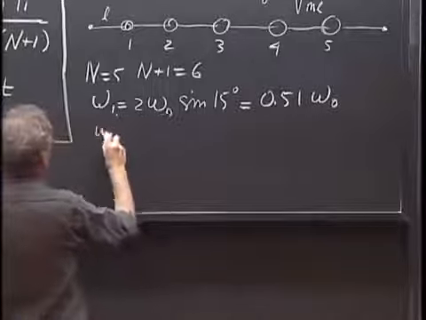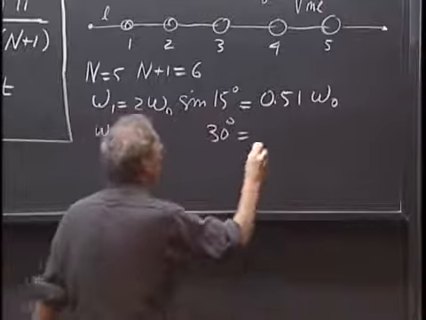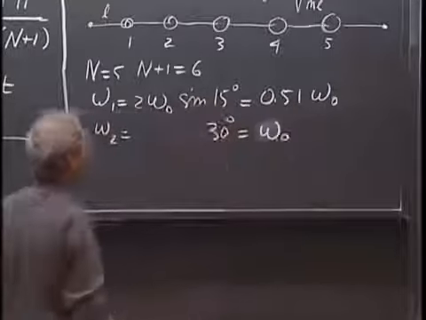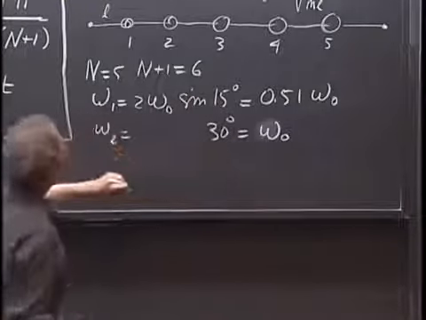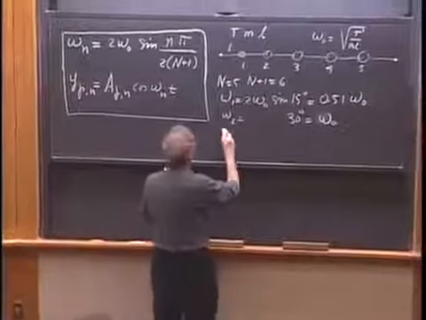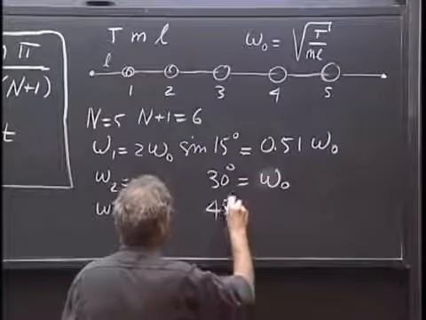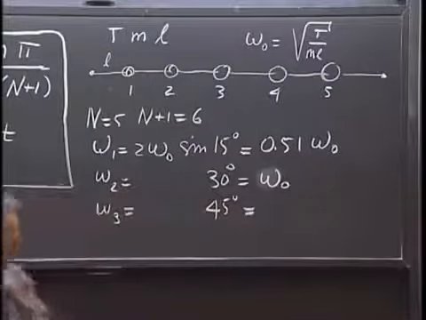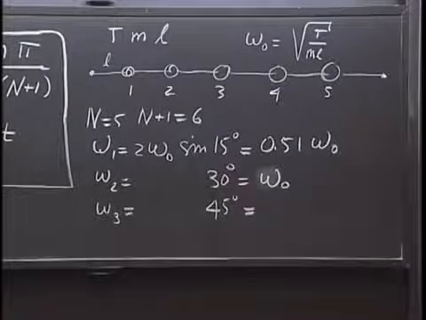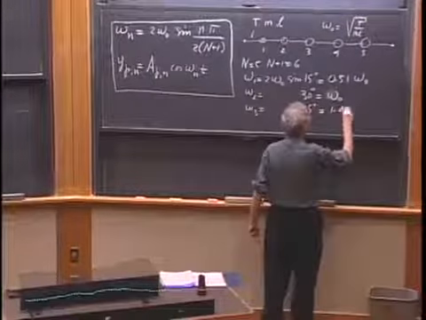I now go to omega 2, and I get the same thing, except I get 30 degrees. So I get 0.5. I get exactly omega 0, because the sine of 30 degrees is 1/2, and that eats up this one. And I get omega 3. And now I get the sine of 45 degrees, and that is approximately 1.41, not exactly, but that is the square root of 2, so that is about 1.41 times omega 0.